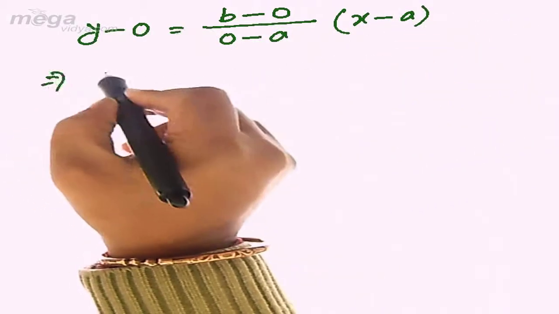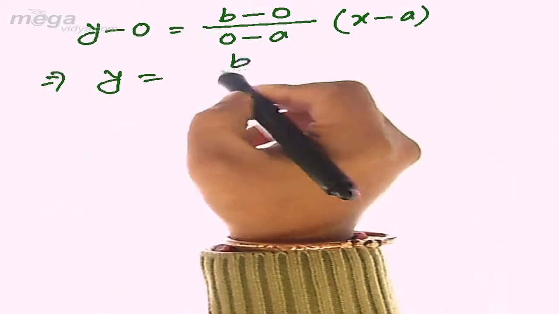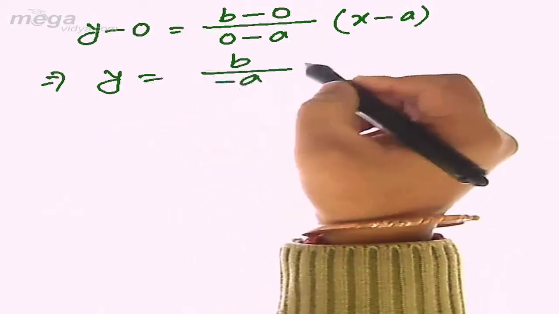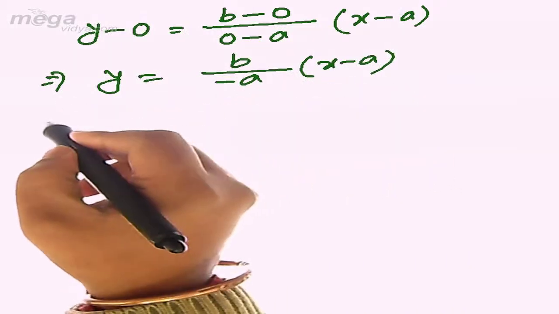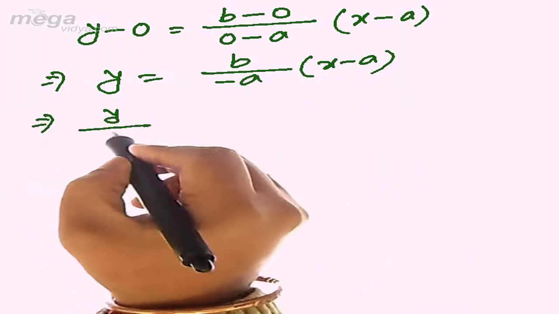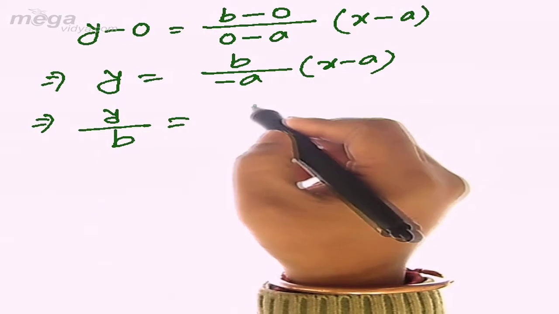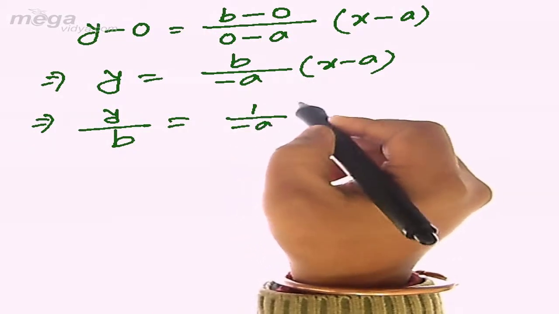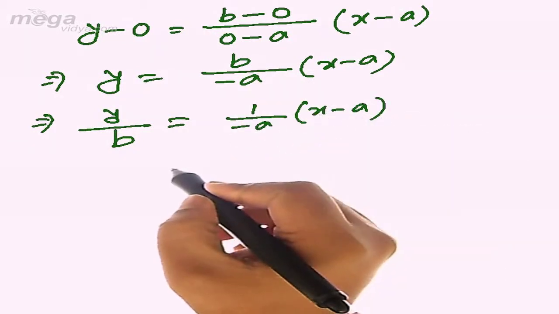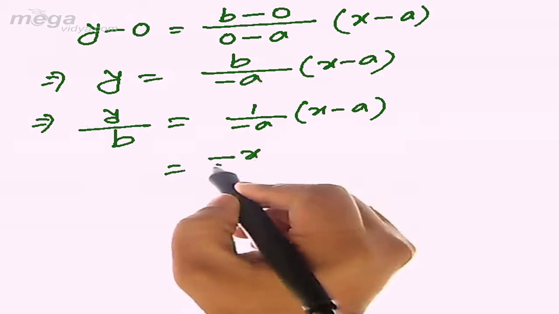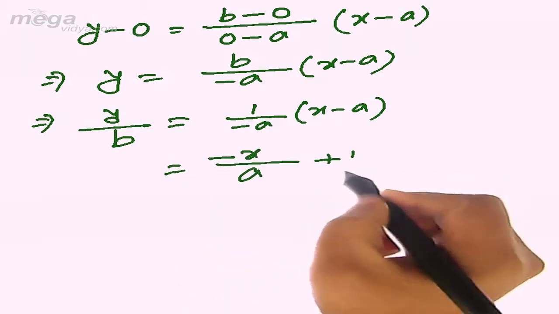So we'll get y is equal to b upon minus a into x minus a. Now we can transfer b to the left side. y upon b is equal to 1 upon minus a into x minus a. If you open the bracket, it comes minus x upon a plus 1.